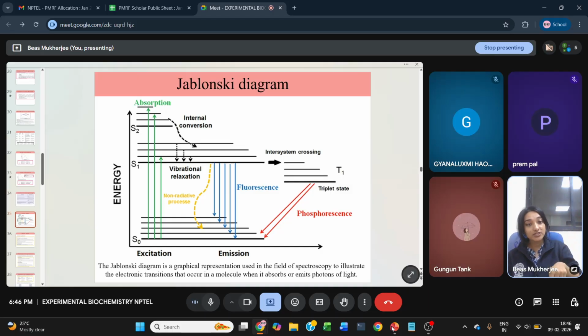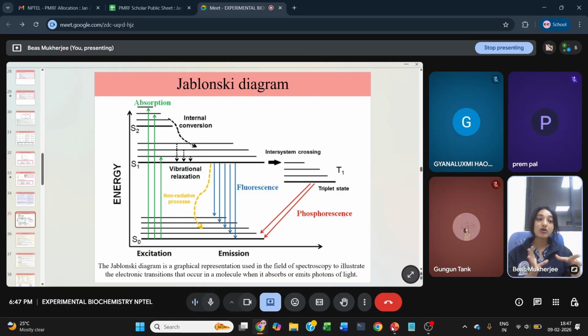While coming back to its ground state, it is again emitting light, and that light corresponds to fluorescence. Okay. There is something called intersystem crossing. The singlet state of electron is responsible for fluorescence, but on intersystem crossing a triplet state forms, and this results in phosphorescence. So what is the difference between fluorescence and phosphorescence? We are going to talk about this.